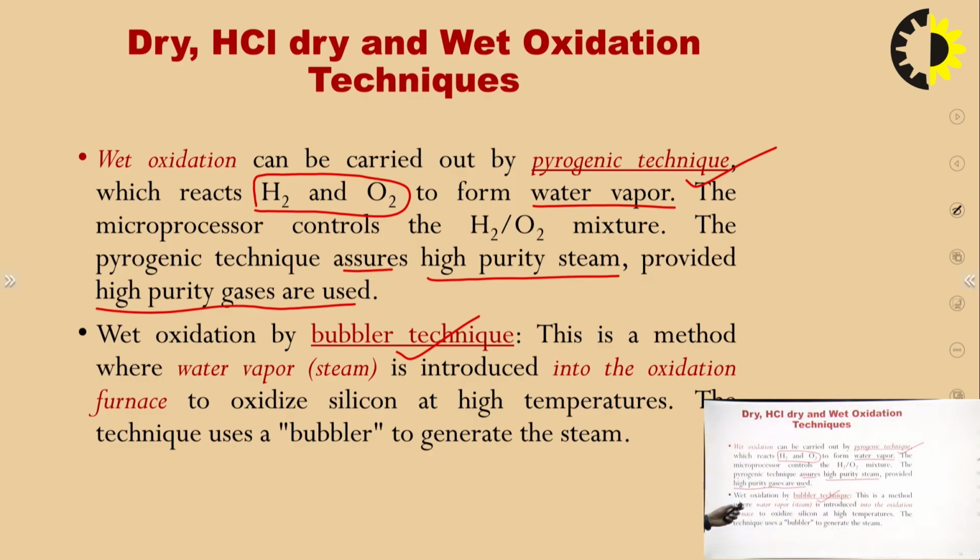Okay. Now, in the bubbler technique, the second technique, we provide the water vapor. We don't provide H2 and O2 separately, we provide the water vapor. This water vapor is introduced into the oxidation furnace to oxidize the silicon at high temperature, and this technique uses a bubbler to generate the steam.